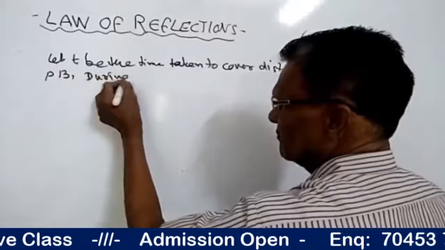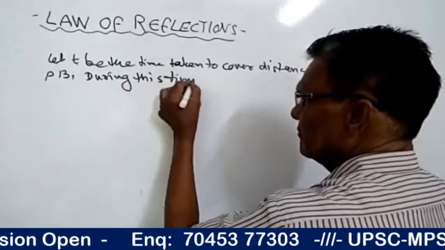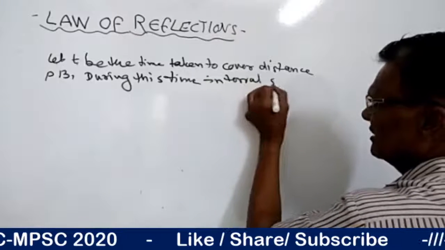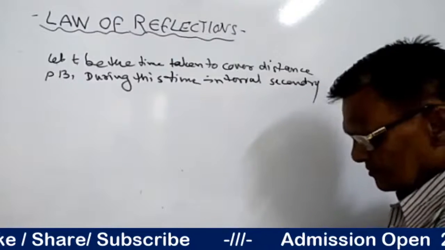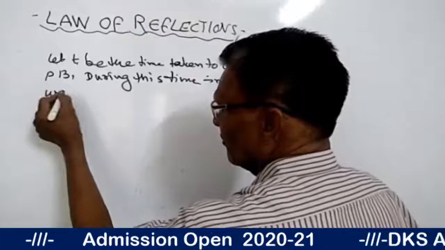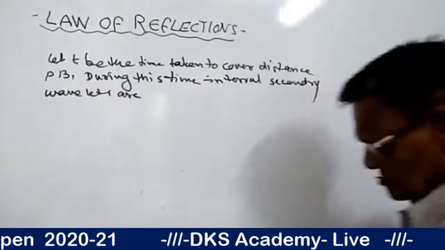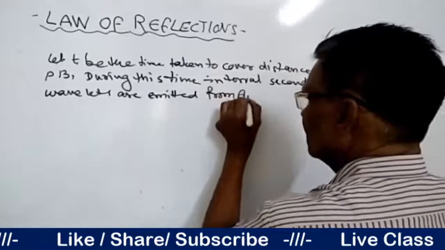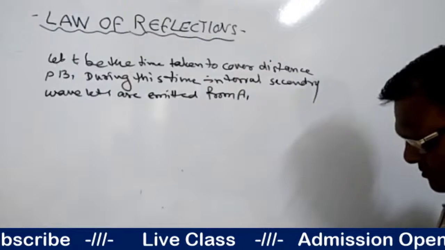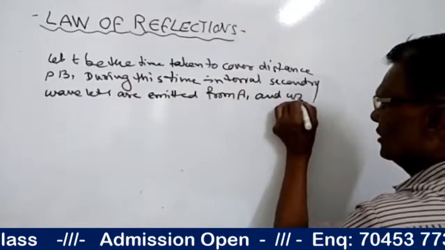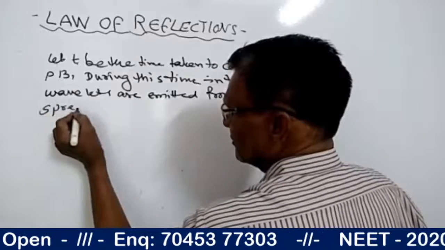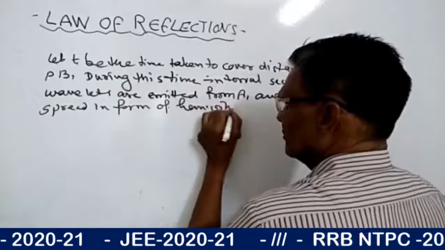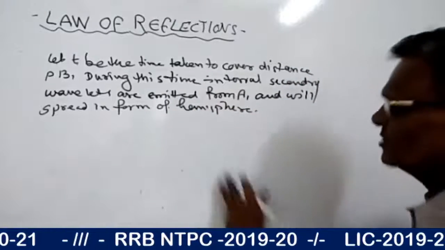During this time interval, secondary wavelets are emitted from A1 and will spread in the form of a hemisphere, which is shown in the figure with the help of a semicircle.